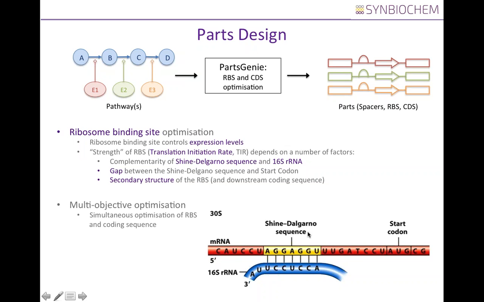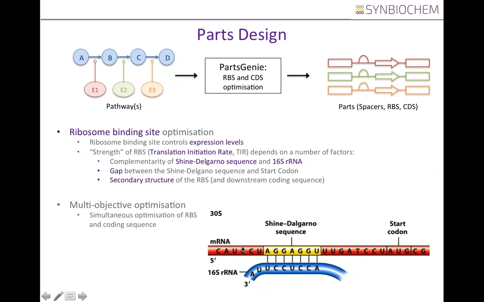One is the complementarity of what is called the Shine-Dalgarno sequence with the corresponding sequence of the ribosomal RNA. Another factor is the gap between the Shine-Dalgarno sequence and the start codon that is used to initiate coding. And we also need to look at the secondary structure of the ribosome binding site.